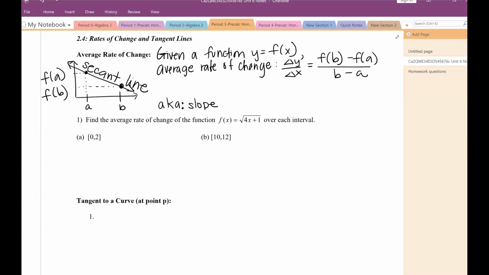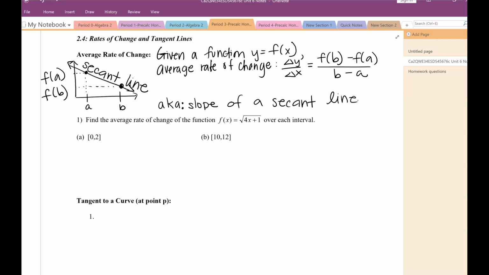So the average rate of change is the slope of a secant line. Later, a tangent line, from what you guys remember, what's a tangent line? It's a line that only touches one point on a graph. Very soon, we are going to define the tangent line, which is not 2 points. It's just 1 point.